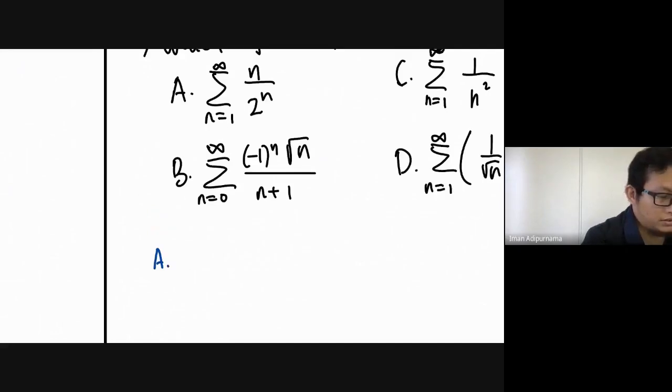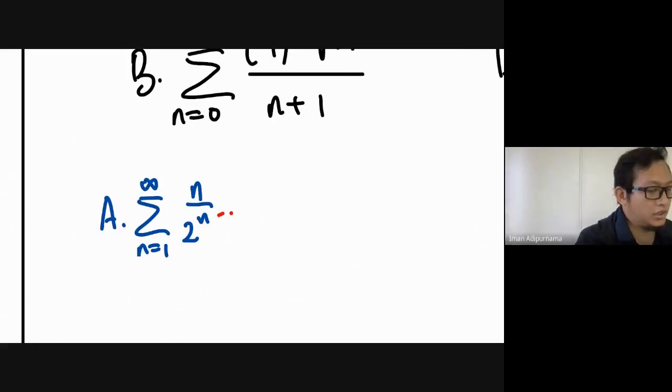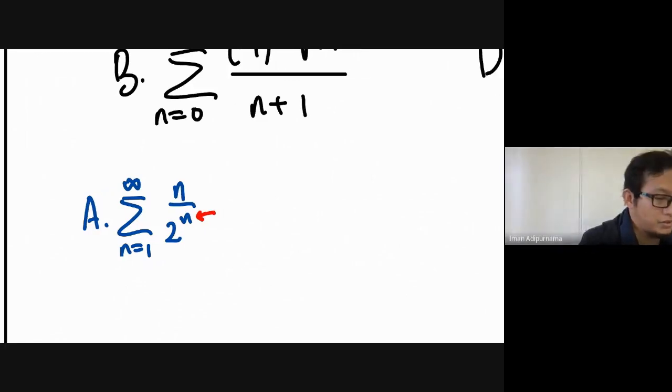For A, my suggestion, whenever you see power n or factorial, you can go directly to the ratio test. So you can go to the ratio test.